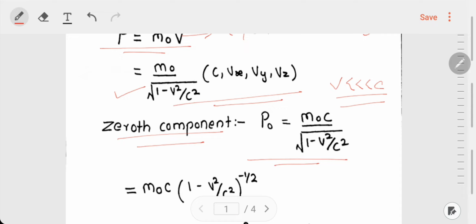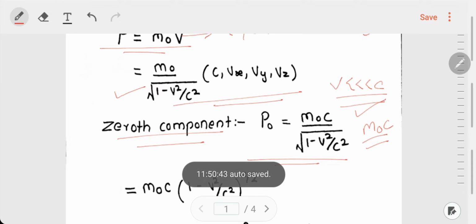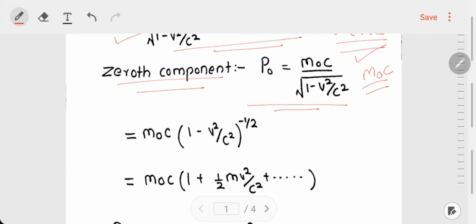Now if we look at this component, and even if we take the limit where v is very much less than c, we get only m naught c, and it corresponds to nothing that we have learned in non-relativistic physics. So how to look at this component and understand what it actually is?